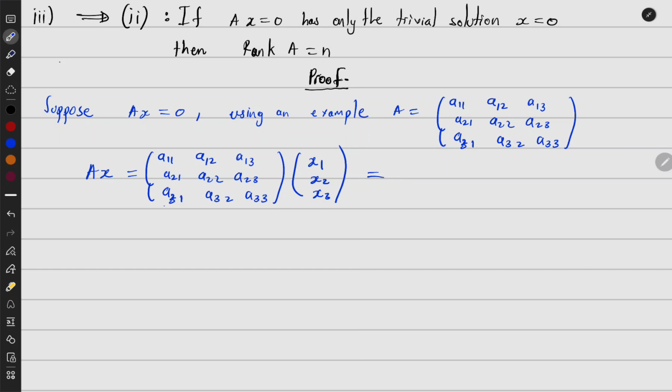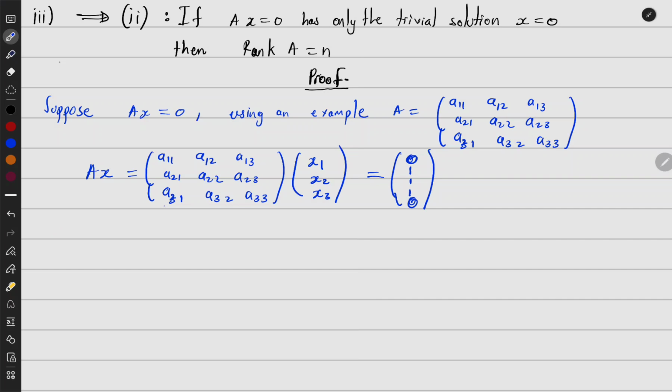This is also the zero matrix, so this is 0, 0, 0, like that.